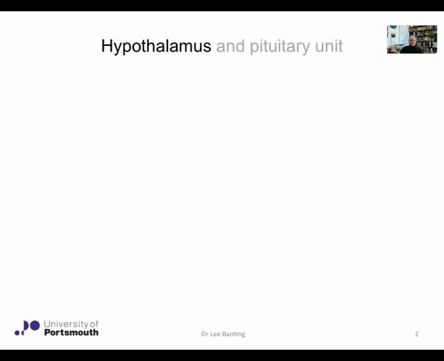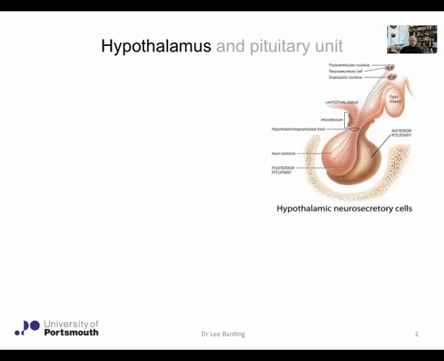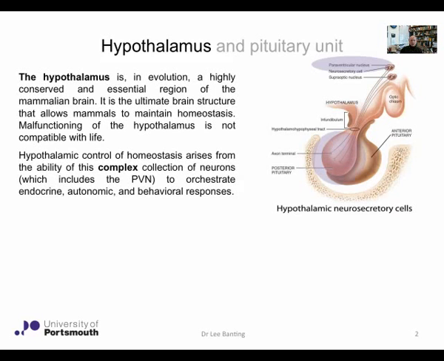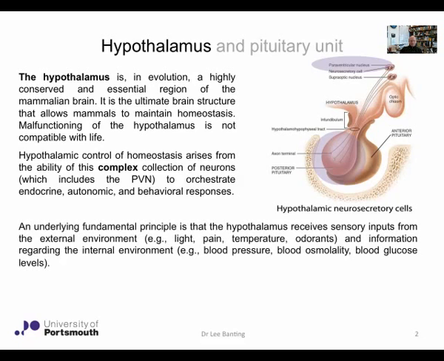Remember that the hormones we're going to be talking about, oxytocin in particular, are derived from the hypothalamus, and we discussed the structure of the hypothalamus and its neurosecretory cells, and the fact that the PVN complex is really important in orchestrating the endocrine, autonomic and behavioural responses of these hormones.